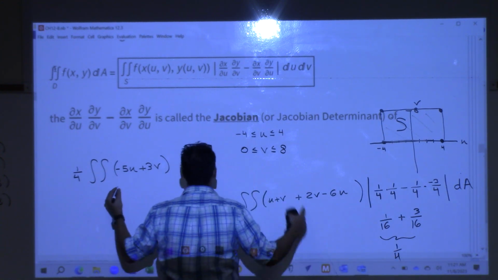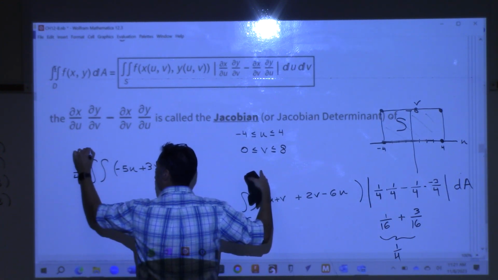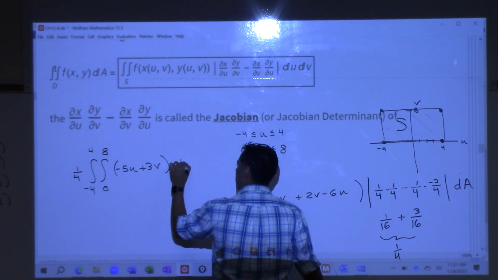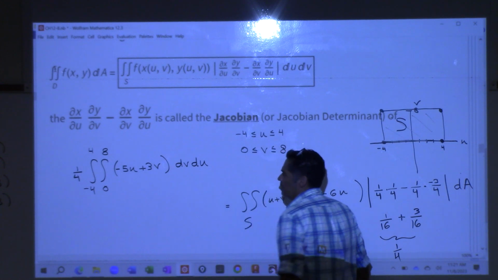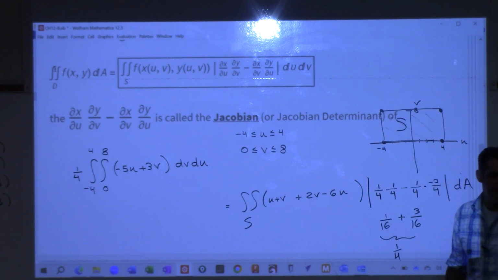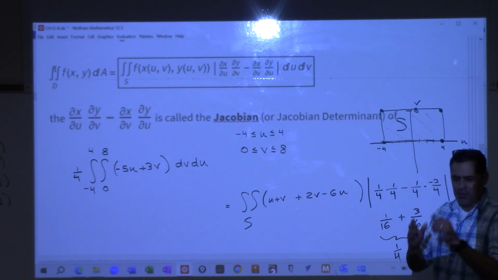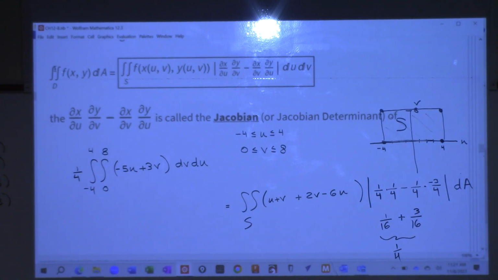So I'll just do that order. I'll go -4 to 4, I'll go 0 to 8, and that will force this to be dv du. And that integral should be easy to evaluate. But again, I think we're long ago done if we kept it as a type 1 or split it up into pieces. Okay?